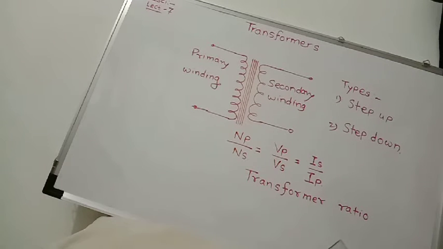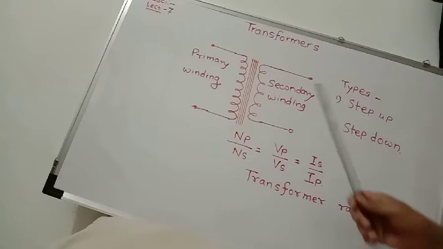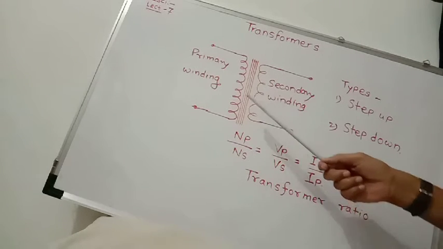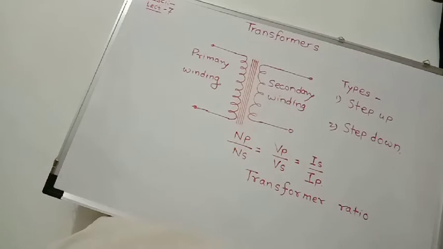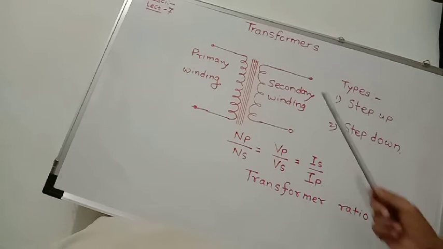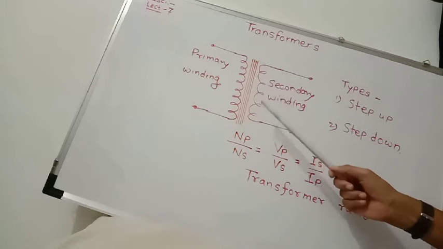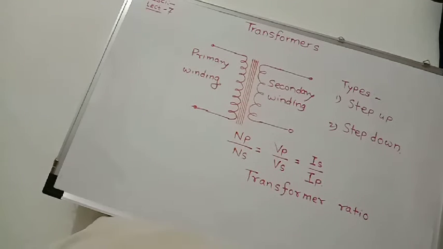According to Faraday's law, voltage is induced in the secondary winding. Now the amount of this induced voltage depends upon the number of turns of the primary winding and the number of turns in the secondary winding. If the number of turns is more, then more voltage is induced in the secondary winding.